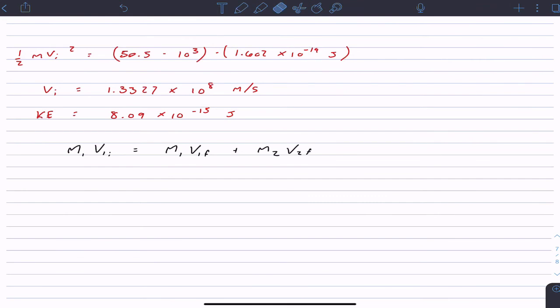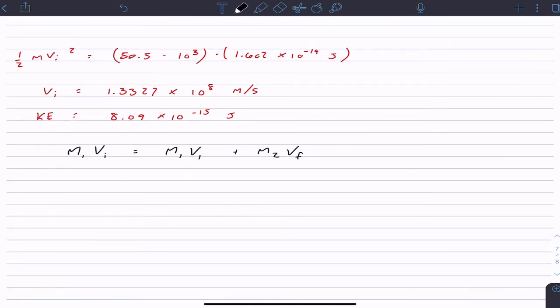Only the first one is moving initially, which makes it a little easier to comprehend. The masses of the electrons are the same, so we can cancel them out. From conservation of momentum, we have this.